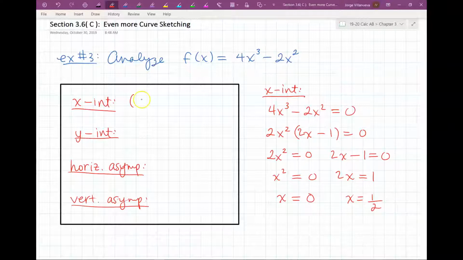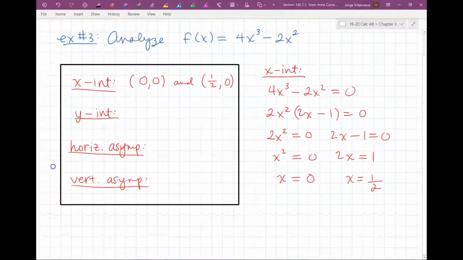So we get (0, 0) and (half, 0). Okay? So we do get those two things. Now for my y-intercept, I let x equal to 0.